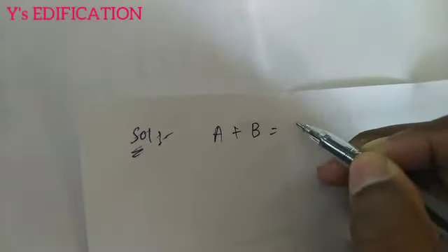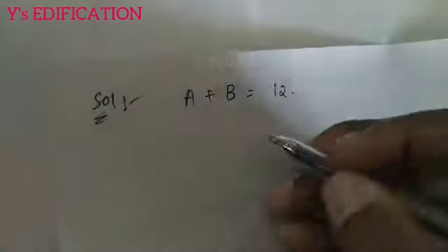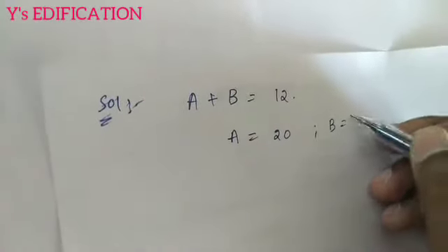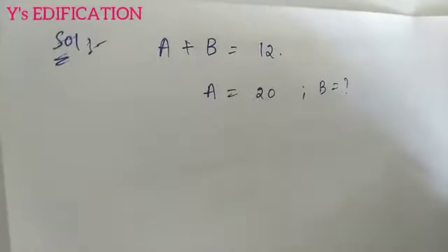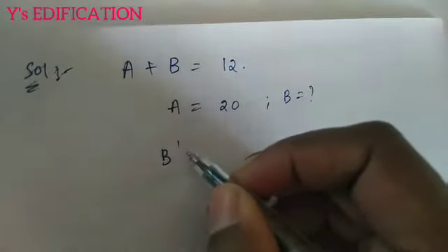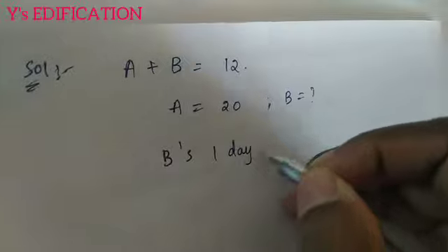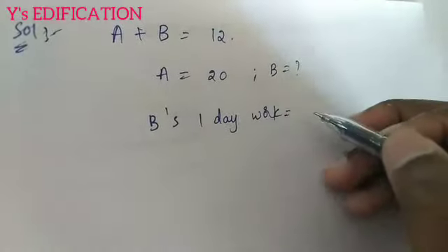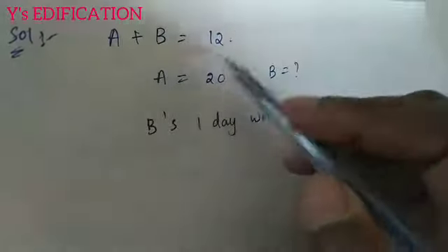So in the question, what they gave is A and B together will take 12 days to complete the work. A alone will take 20 days, and they are asking how many days B alone can complete the work. So B's 1 day work will be, what is the A's work? They both can complete in 12 days.